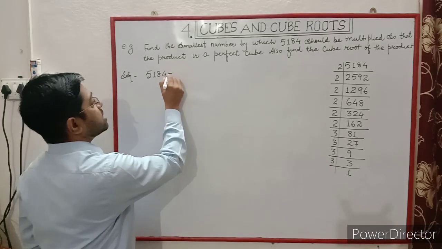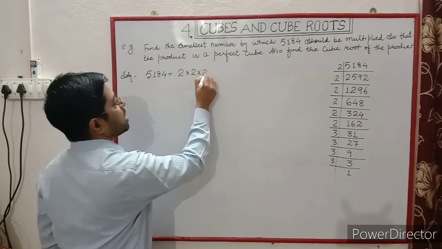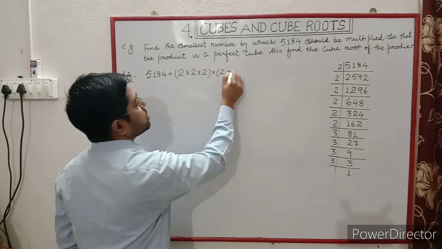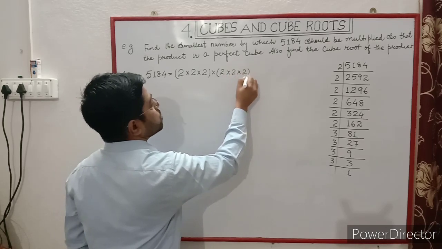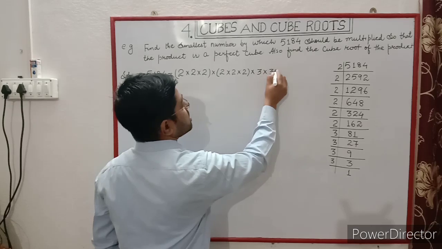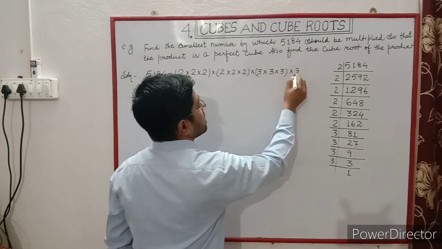So we can write here 2 multiplied by 2 multiplied by 2, multiplied by 2 multiplied by 2 multiplied by 2, multiplied by 3 multiplied by 3 multiplied by 3 multiplied by 3.